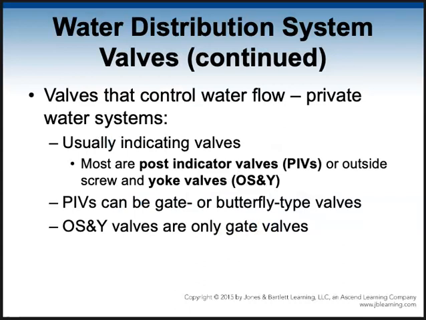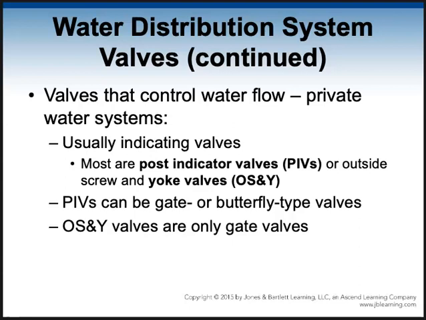So in our private water systems, we're going to use indicating valves wherever we can. A non-indicating valve is usually under the ground or something of that nature, where we can't see whether it's on or off or open or shut.